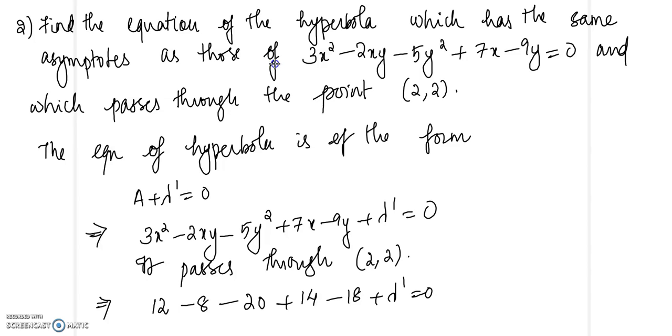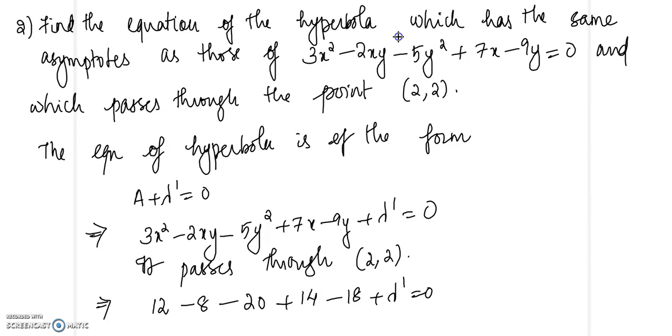And the second problem is to find the equation of the hyperbola which has the same asymptotes as those of 3x square minus 2xy minus 5y square plus 7x minus 9y equal to 0, and which passes through the point 2, 2.